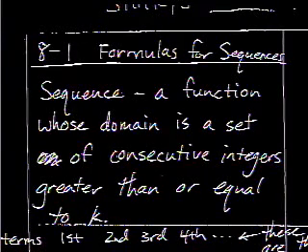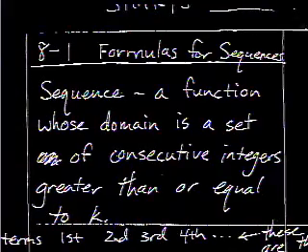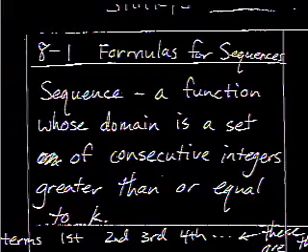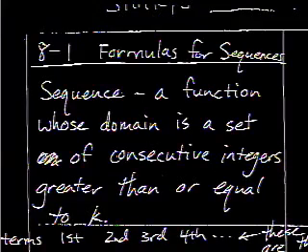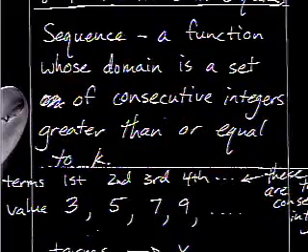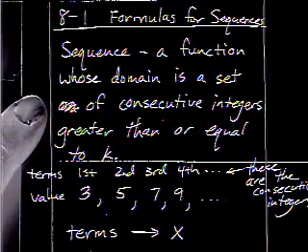8.1 Formulas for sequences. Well, what is a sequence? A sequence, by the definition in the book, is a function whose domain is a set of consecutive integers greater than or equal to k, which many of you don't understand. The basic idea of a sequence is a list of numbers.